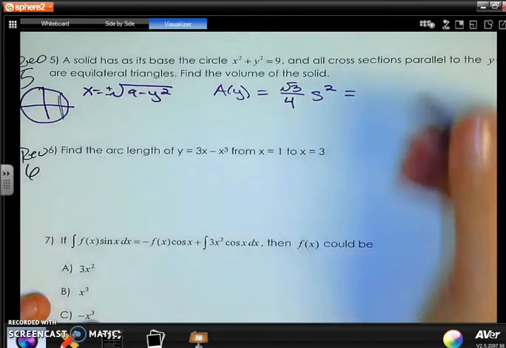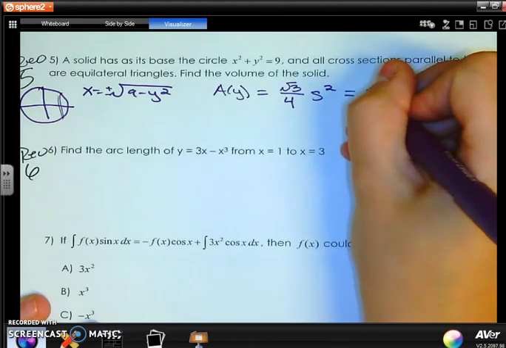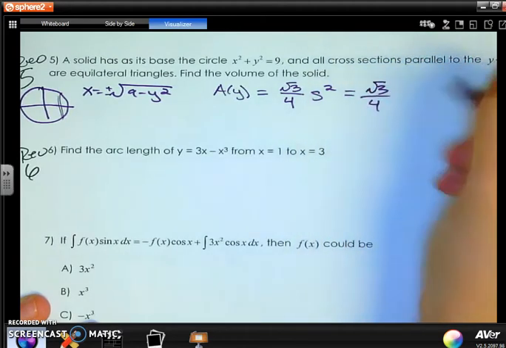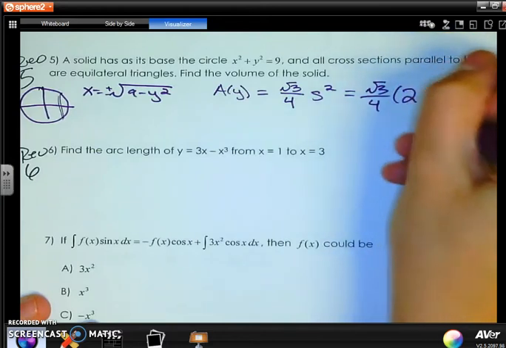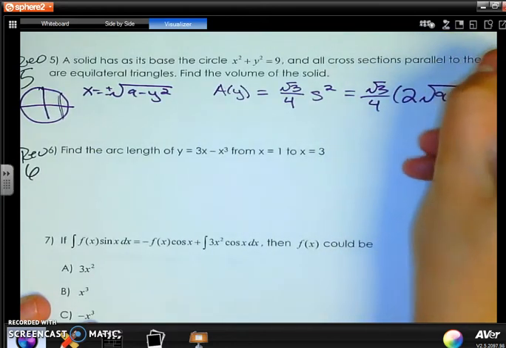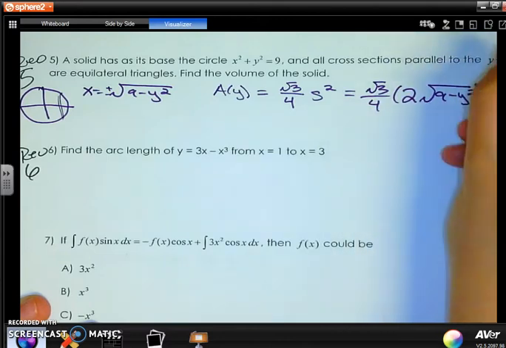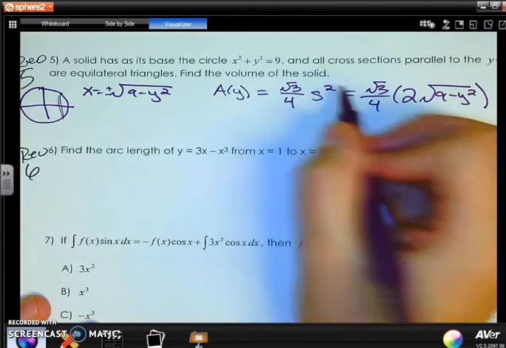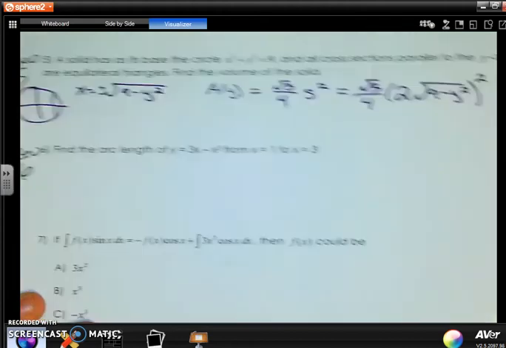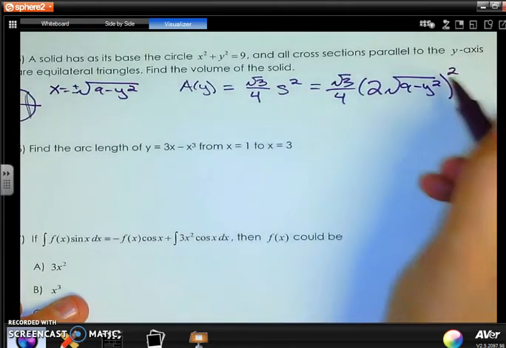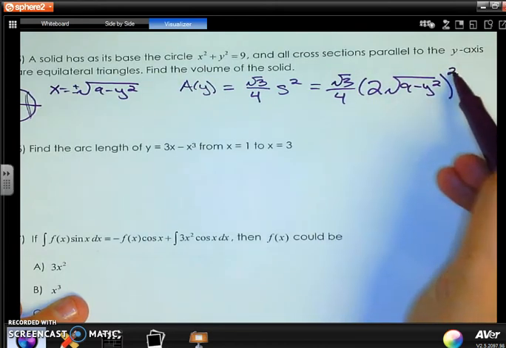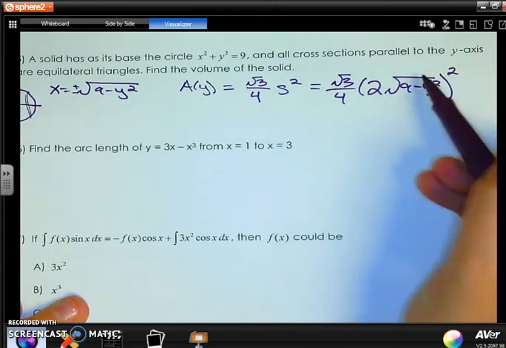So essentially what's going to happen is you are going to have square root of 3 over 4, right? And then it's this thing plus itself. So it's going to be 2 of those. And if you need to write that out, you can. But it's going to be 2 of those. And don't forget this squared, so this thing has to be squared. And this is where a lot of the wheels fall off for people. When they go to square this, guys, this squared goes to the 2 and the square root.